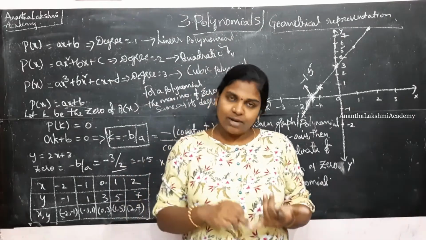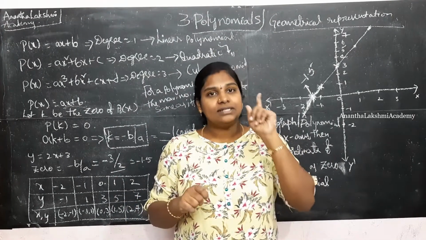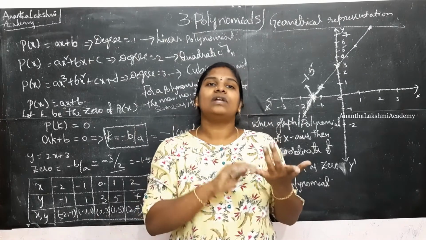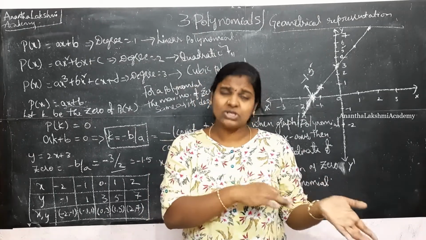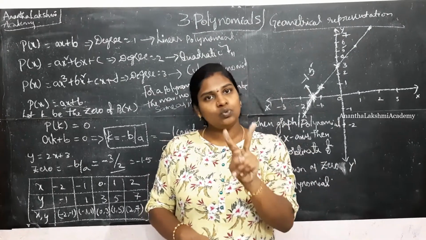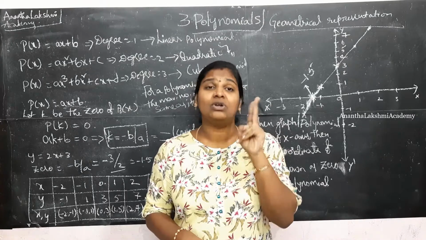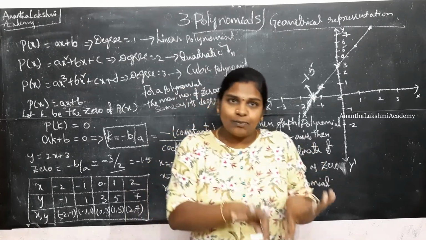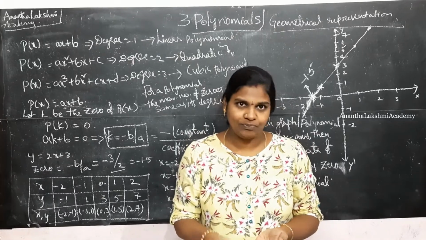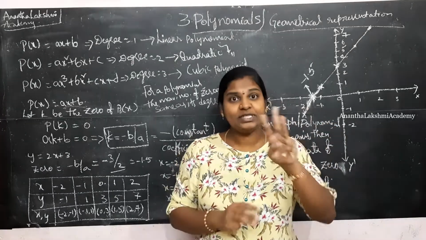For a linear polynomial, there can be one distinct point if the zero exists, and for a quadratic polynomial, at most two zeros. When I say at most, either 2 or 0 or 1 is possible. For cubic also, at most 3.